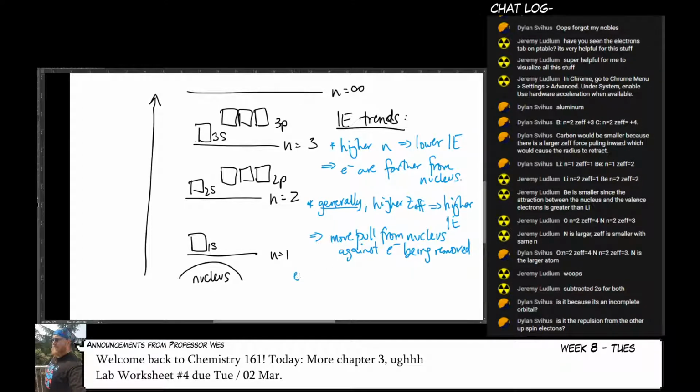And then our exceptions for this right here are, if I go from S to P, P is higher in energy and is easier to ionize.